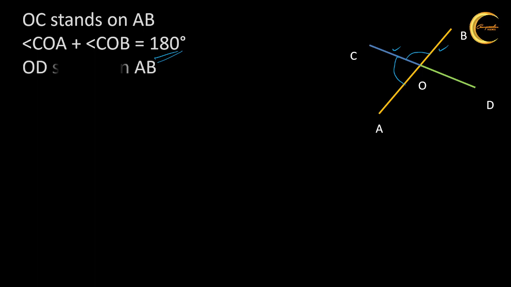Next we see here OD stands again on the AB straight line. OD stands on the AB straight line, and these two angles, BOD and angle AOD, have a summation equal to 180 degrees.